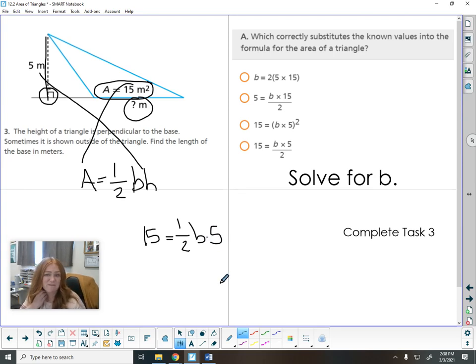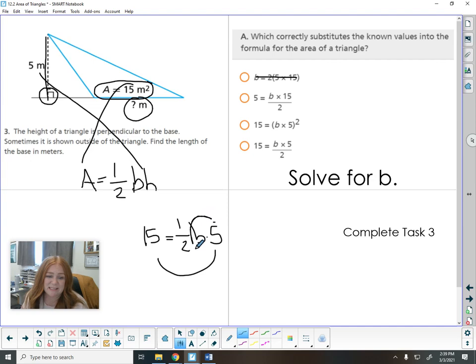Let's see which of these might be able to tell us this problem. Here they have the area times the base. We want base times height. That's not going to work because we would need to work backwards. So let's see, base times 15.